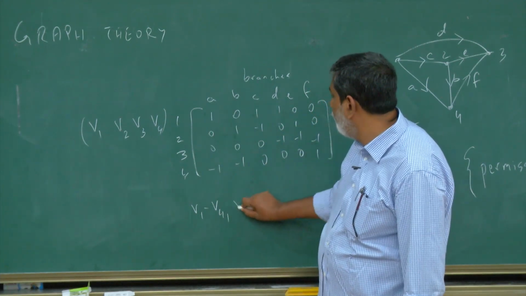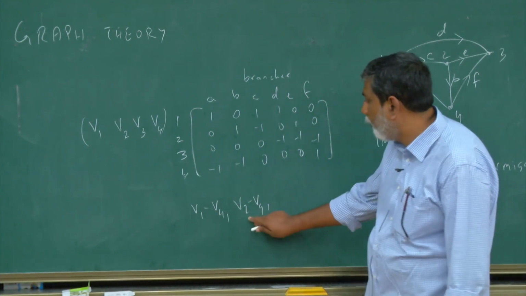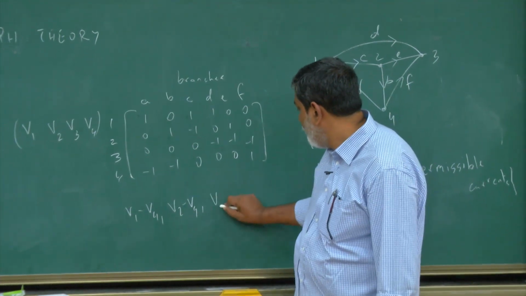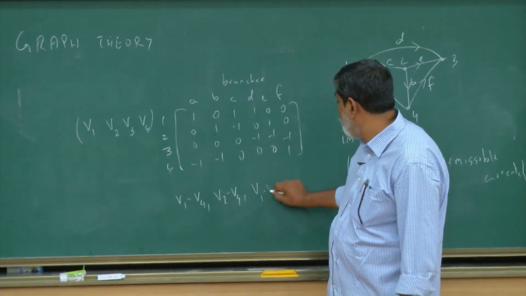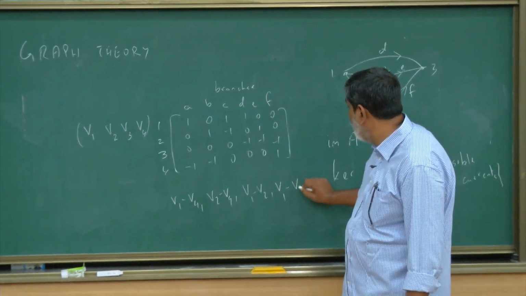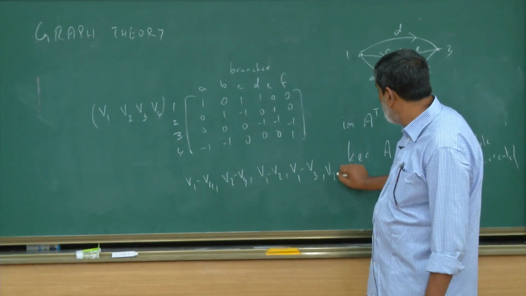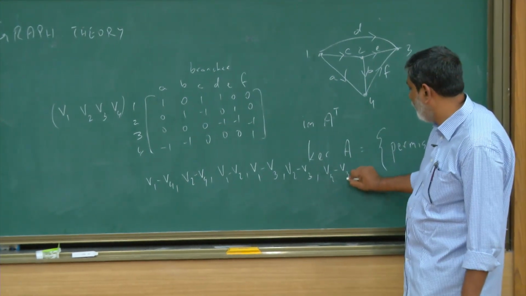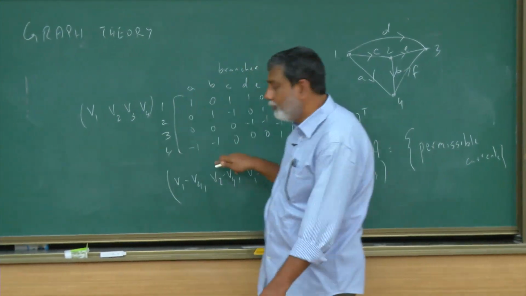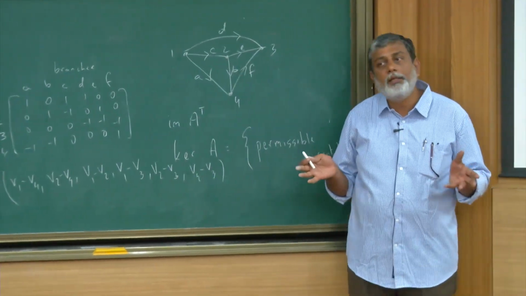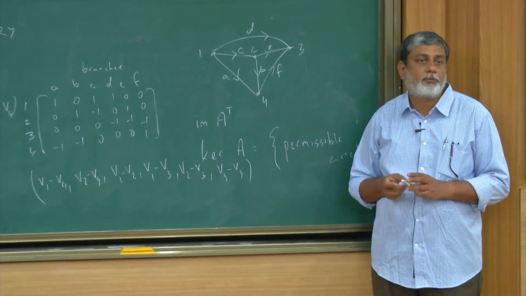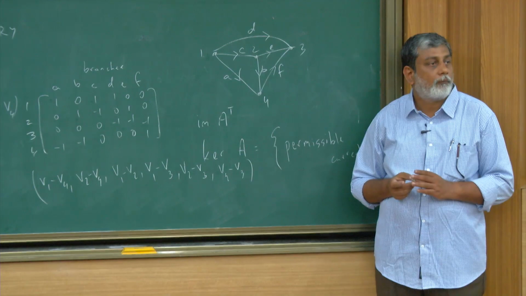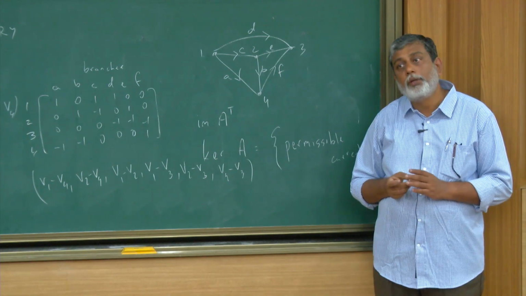The next one is going to be V2 minus V4, that's the potential drop in branch B. This one is V1 minus V2, this one is V1 minus V3, this is V2 minus V3, and the last one is V4 minus V3. This vector that you would get are essentially the potential drops across the 6 branches. This is okay?